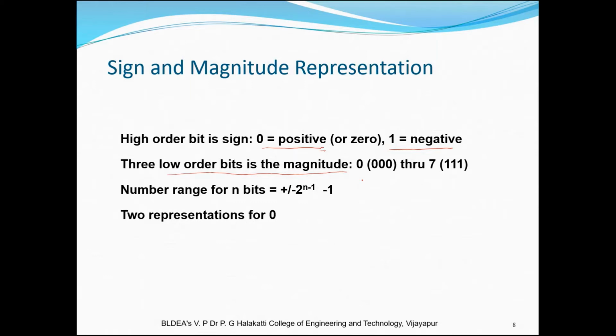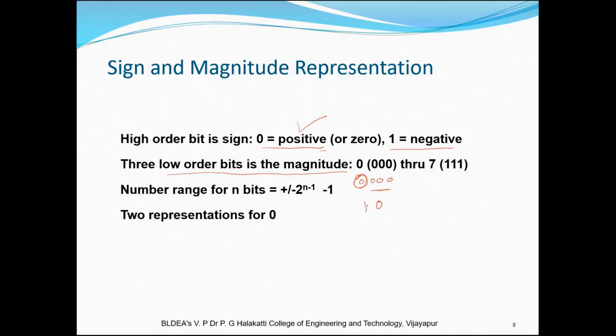So if this is the number with 4 zeros, the MSB is reserved to represent the sign, and the remaining 3 bits represent the magnitude. 000 represents 0, and the MSB indicates whether it is positive or negative.